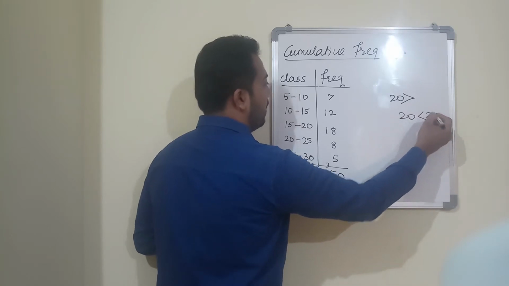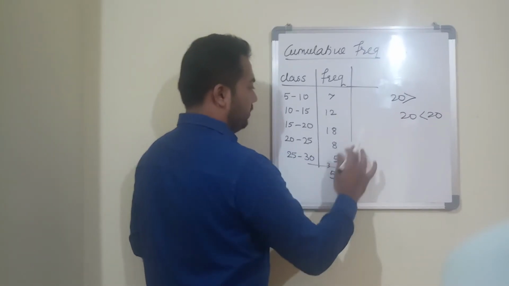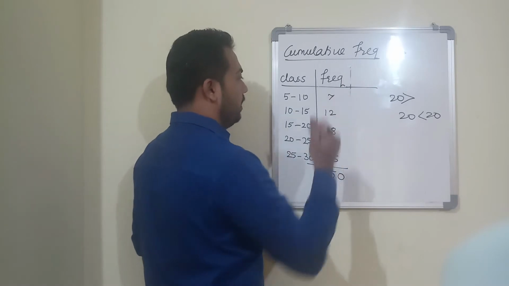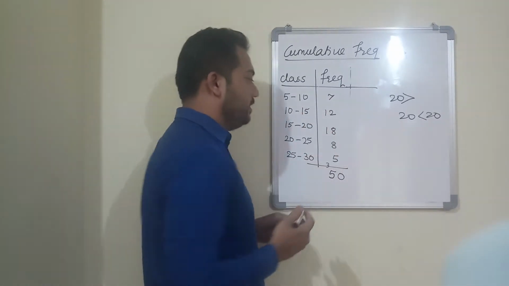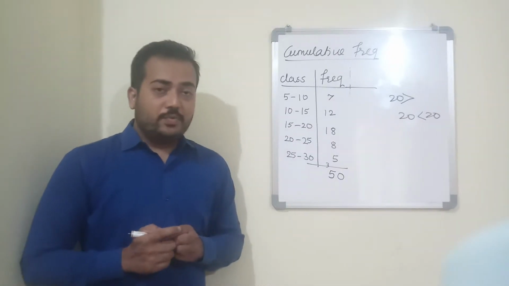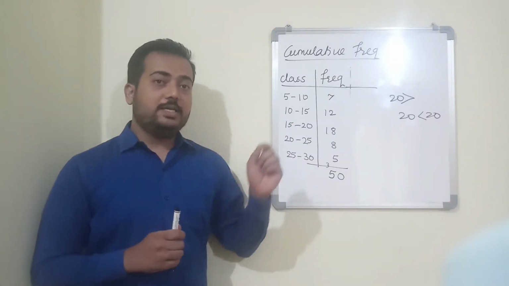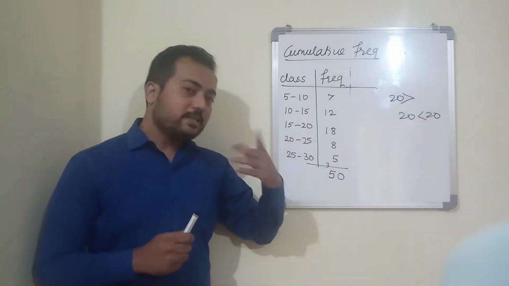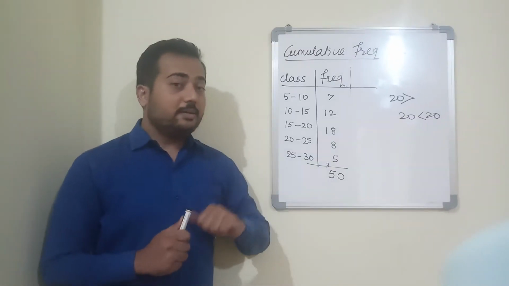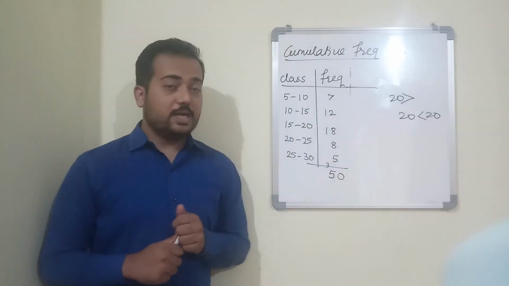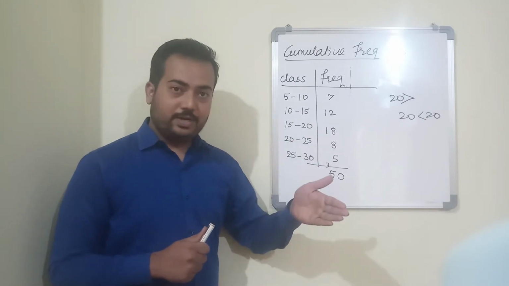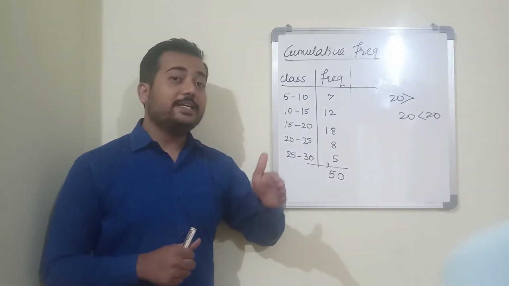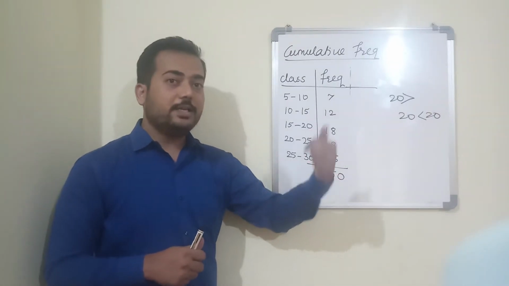We need to find out how many values are more than 20 and how many are less than 20. Now consider the first class, 5 to 10, there are 7 values, then 12 and then 18. We know that this distribution has the upper limit excluded. That means these 7 values are between 5 and 10, where 10 is excluded, so actually 5, 6, 7, 8, 9. 10 is considered in the next class.